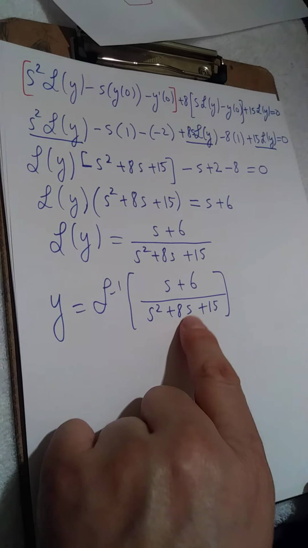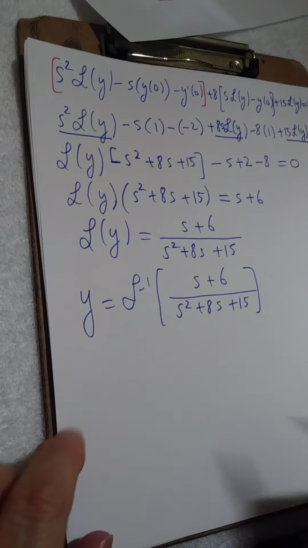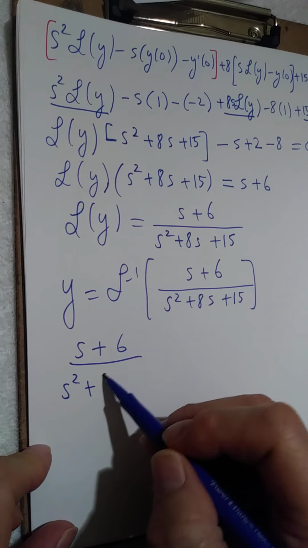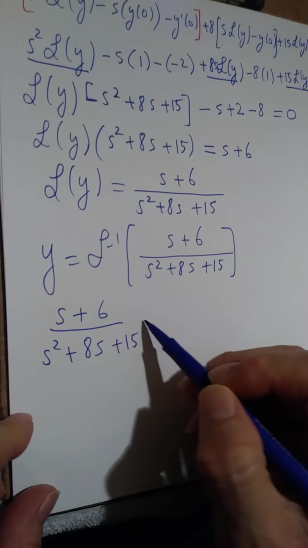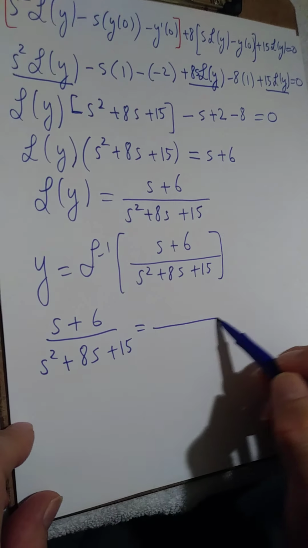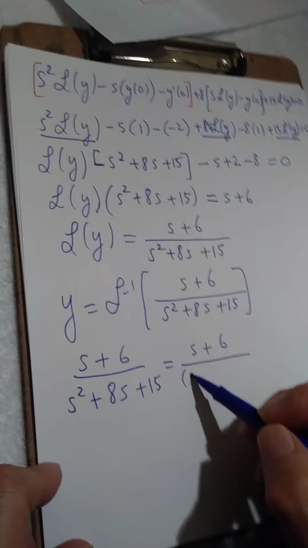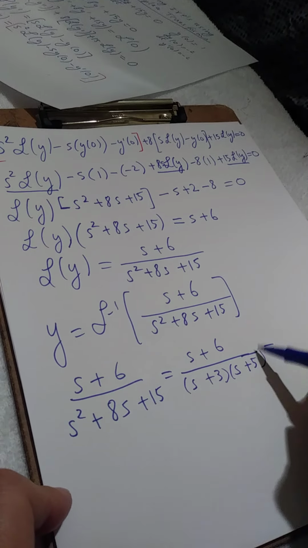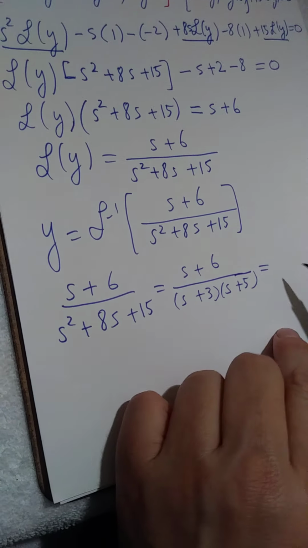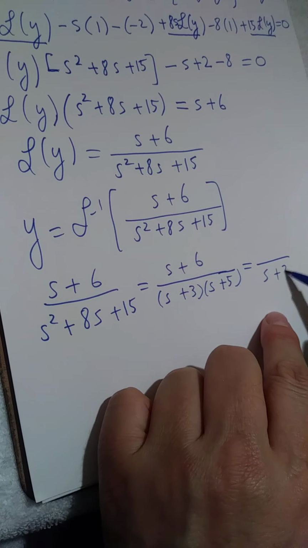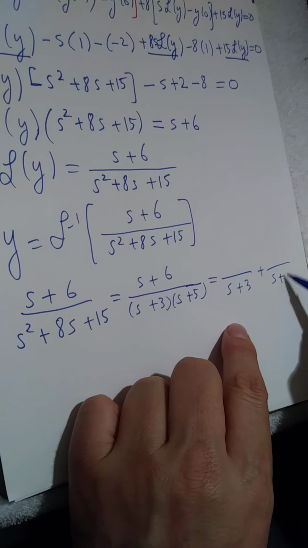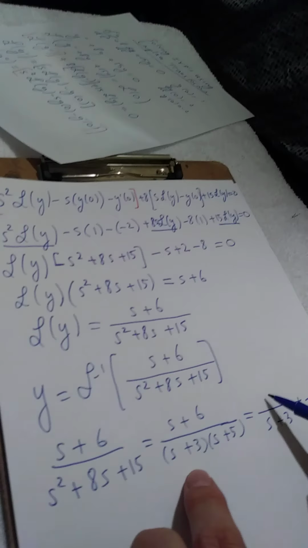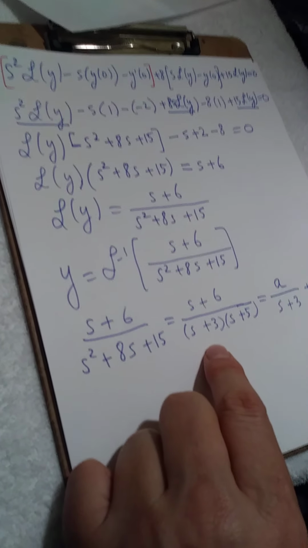Try to factor the denominator and use partial fractions, okay? S plus 6 over s squared plus 8s plus 15 equals s plus 6 over s plus 3 times s plus 5. So we need to break this fraction up into partial fractions over s plus 3 and s plus 5. We need to figure out what goes on top. This is linear, so what goes on top is a number here, a, and a number here, b.